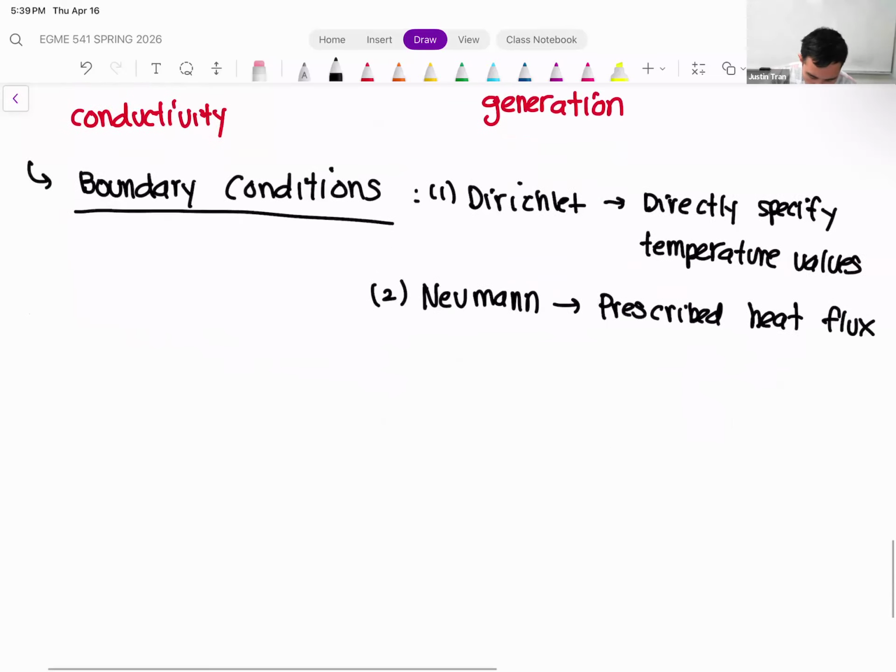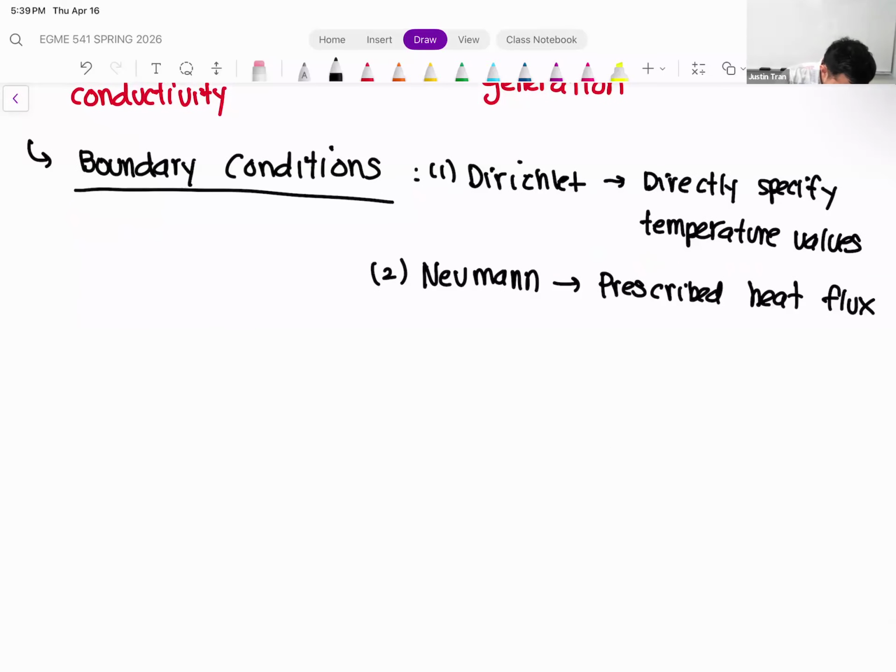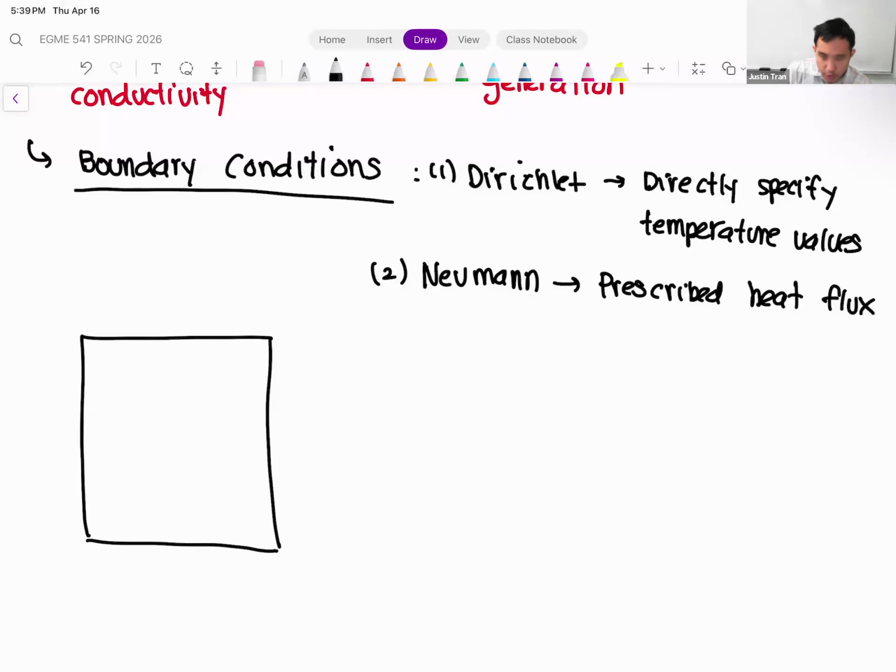So for instance, let's say we have a two-dimensional domain like this. I'm just using a square domain as an example. Let's say that on this section of the boundary we have a prescribed heat flux. The boundary condition that we apply on that section of the boundary is our Neumann boundary condition. This is our Q bar, the prescribed heat flux.